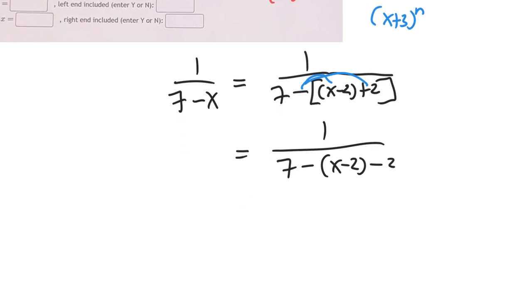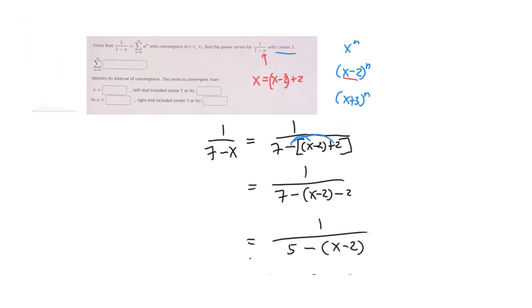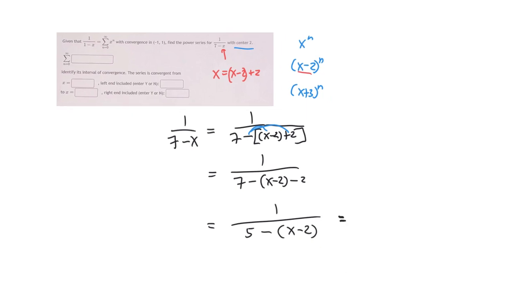What would that be? 5 minus x minus 2, right. And then you could factor out a 5 on the bottom. Okay, so that would be a 1/5 off to the side. And what would that result in? That would result in 1/1 minus this interesting thing here, right?